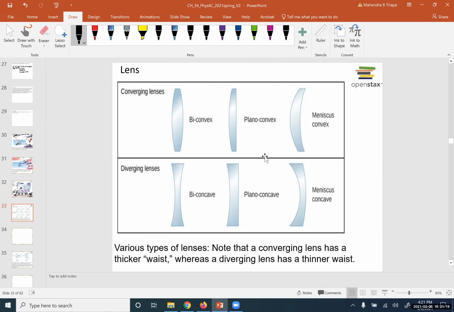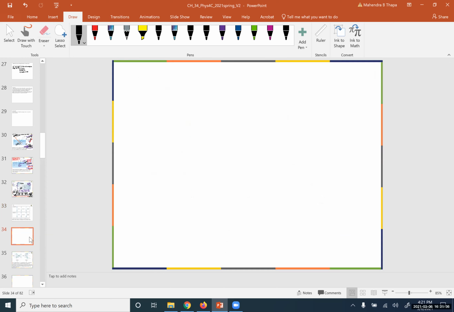Next, let's talk about the lens. In the lens, we follow the laws of refraction. So let's talk about different kinds of lenses. Lenses are supposed to be a part of two spheres. Say I have one sphere here, I'm drawing one sphere here.